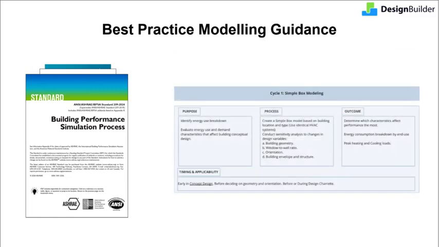First is modeling cycle 1 that requires doing a sensitivity analysis to determine which building characteristics affect the performance the most. On a simple box model, you will need to assess sensitivity for changes in the building design, such as those related to window to wall ratio, orientation, and building envelope.